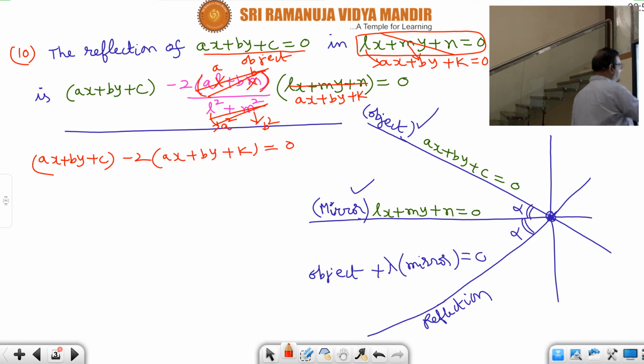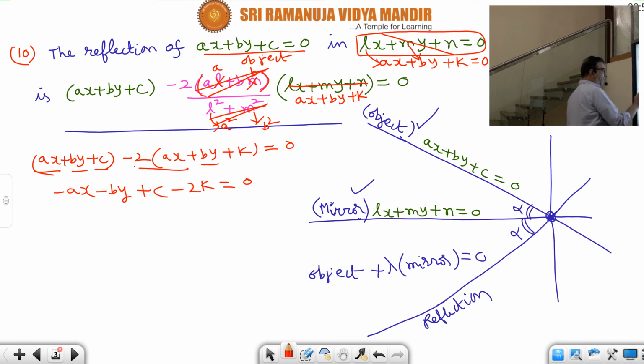Now expand this: ax minus 2ax is minus ax, by minus 2by is minus by, plus c here, minus 2k here. Let us multiply it by minus 1. So ax plus by plus 2k minus c is equal to 0. This is the answer given by the formula.